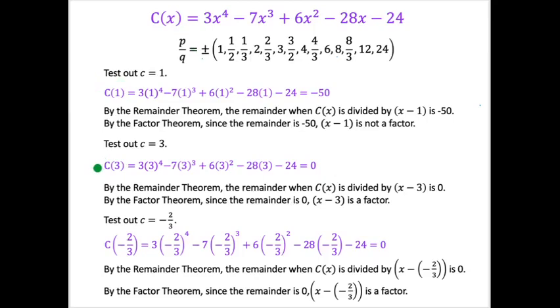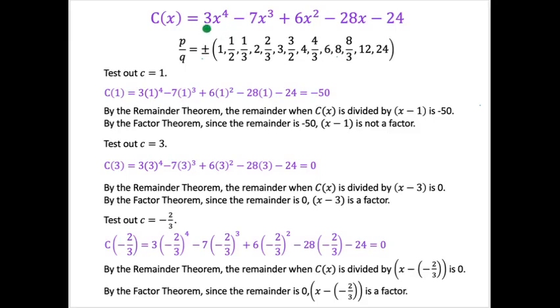Or an even smarter way would be that we've already found two factors. I'm going to show you now that we can actually use synthetic division. Since this is a power of 4, we only have two more factors. We may have two unique factors, or we may have one repeated factor.